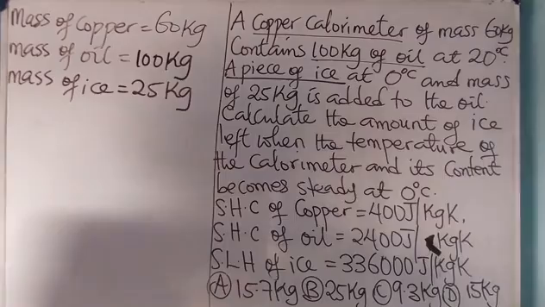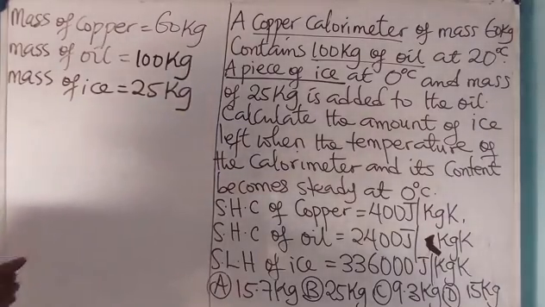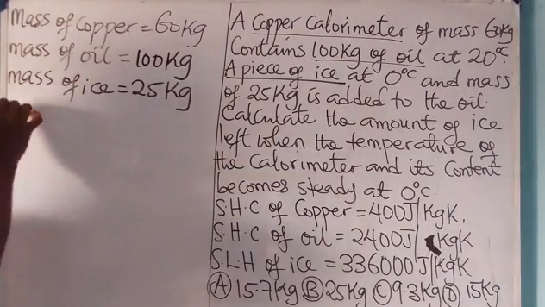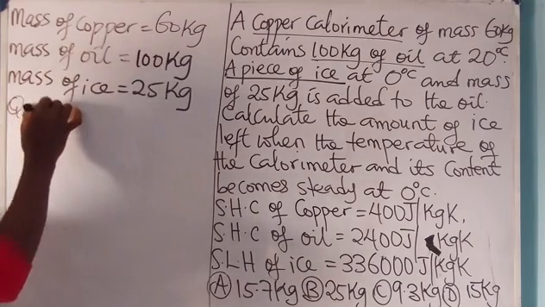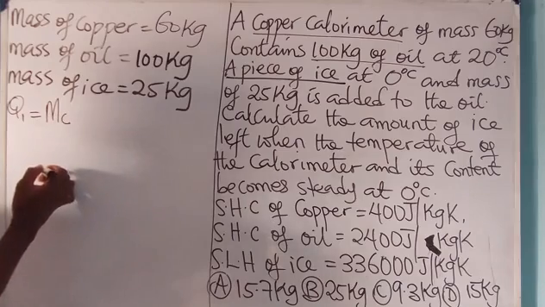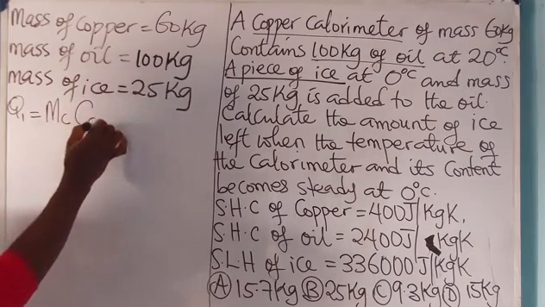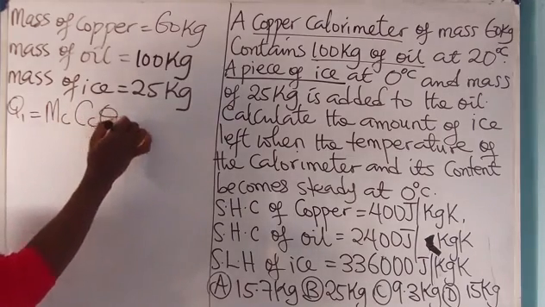Good. So from here, first thing first, I can say Q1. This Q1 is for copper. I'll say mass of copper, specific heat capacity of copper, and temperature change of copper.